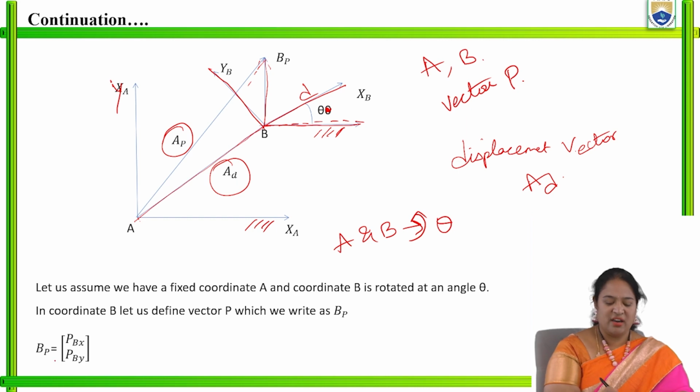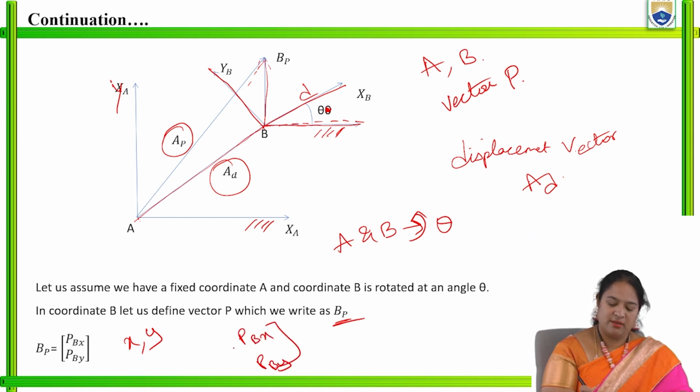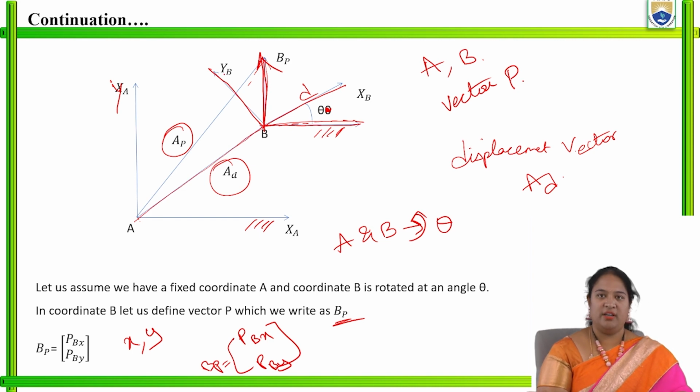When we take the vector BP in terms of a matrix, since it has the coordinates x and y, we get PBX and PBY. For this vector we get the x coordinate and the y coordinate.